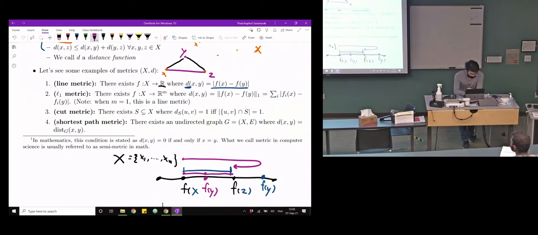That is, you say that you have a point X, and now you may map each point into some point in the space.